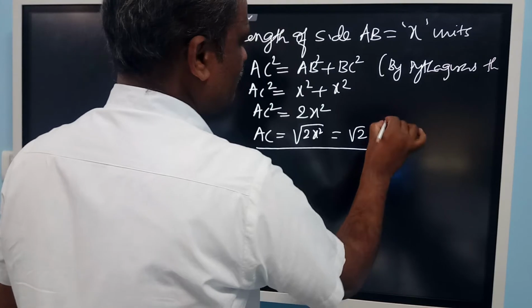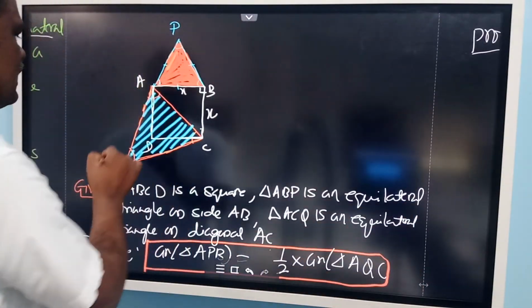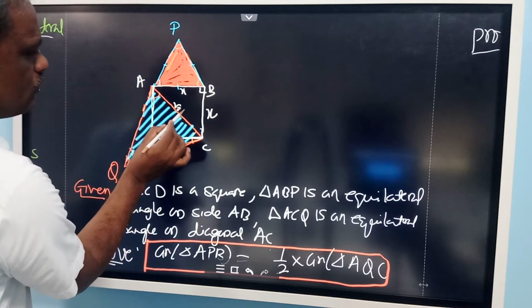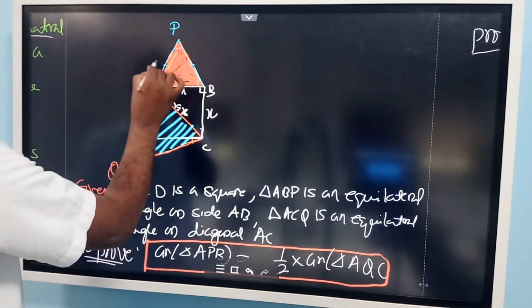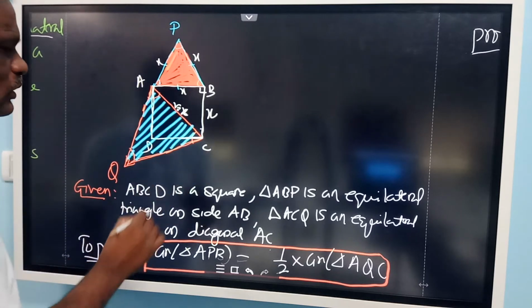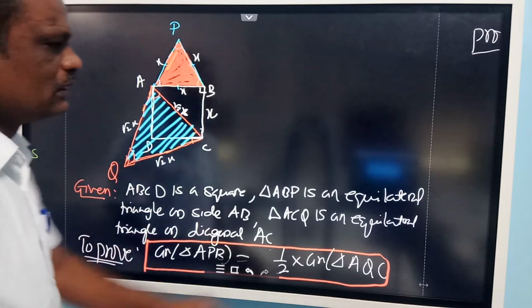So this is the length of diagonal AC. So we got the length of this one, root 2 x. This is root 2 x and this is x. Because it's an equilateral triangle, since the diagonal is root 2x, this also will be root 2x, this also will be root 2x now.